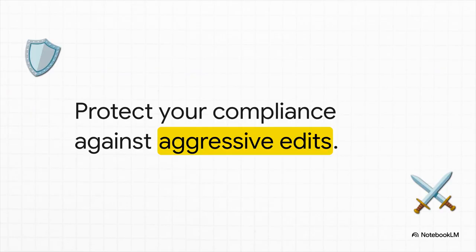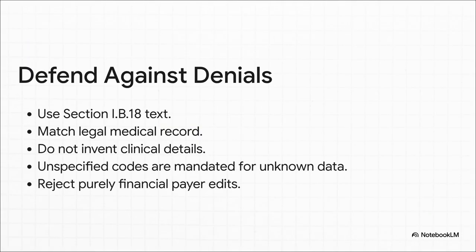The audit defense system. Now that we know the absolute law, it's time to arm you with an impenetrable shield against those aggressive edits. We all know insurance companies routinely deny unspecified codes to artificially lower payouts or just force administrative rework. But you can use this tactical checklist to vaporize their rejection shields.